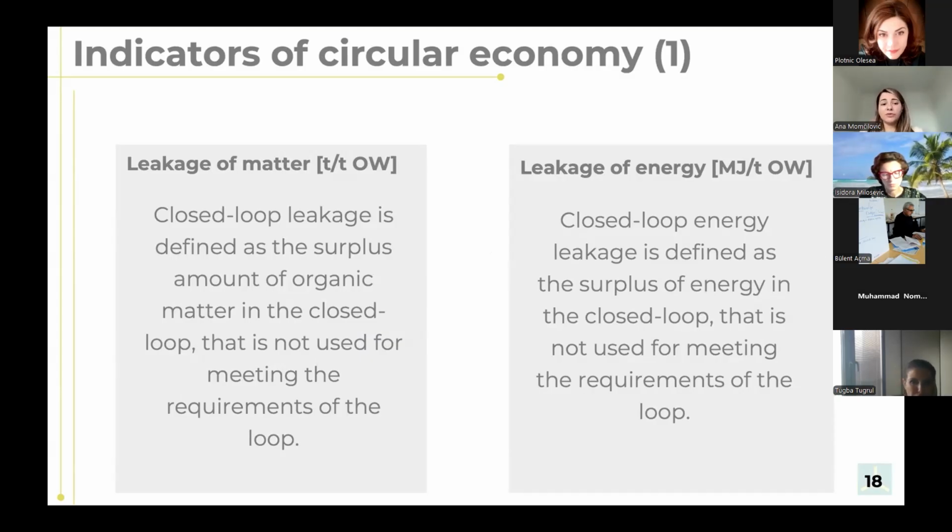There was leakage of matter, which is basically a surplus of matter that cannot be used in a closed loop system, because there isn't a need for it. Also, leakage of energy. It's a surplus of energy, but we have not identified a need for that kind of energy. But it means that if you have a surplus of energy, you can widen your closed loop system, or include some kind of different production.